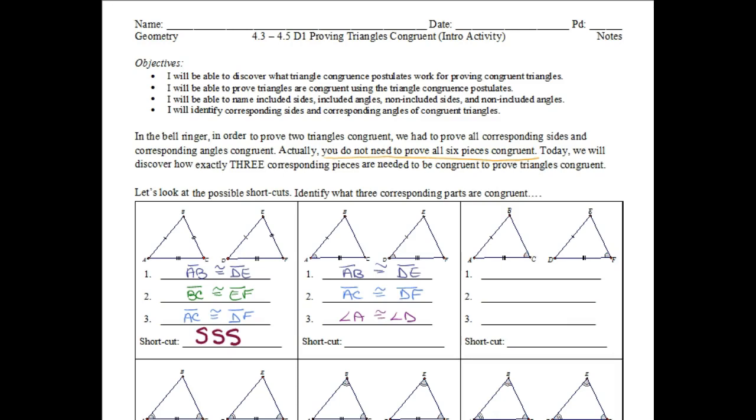Well, in order to write the shortcut, this is where our included angle comes into play. Because our angle is included, the shortcut that we write is side, angle, side.